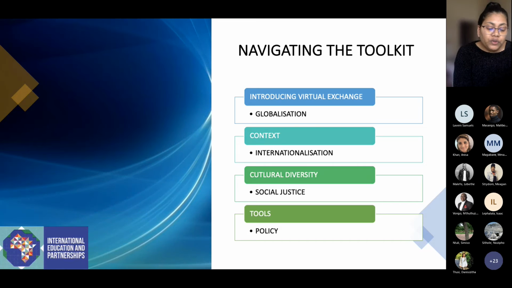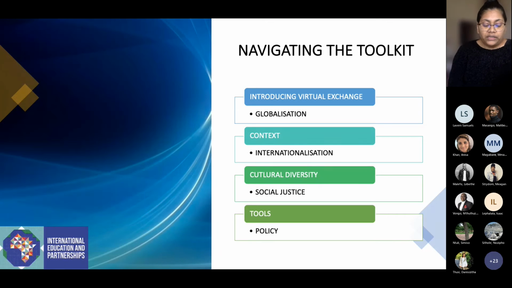So in developing the toolkit, we considered the macro influences that impact higher education and international virtual engagement, such as globalization, internationalization of higher education, different policies that govern such activities, as well as the drive for social justice in higher education in the world. The toolkit begins with introductions to international virtual engagement for readers to have a basic understanding of the concept.